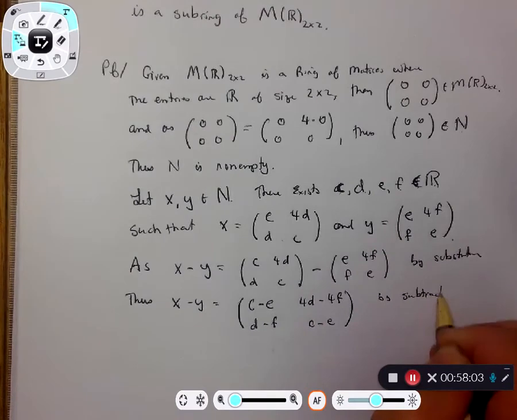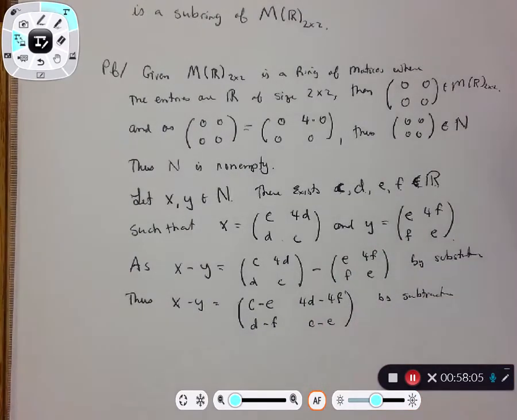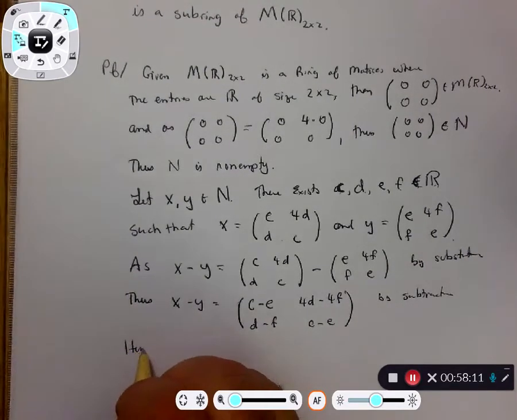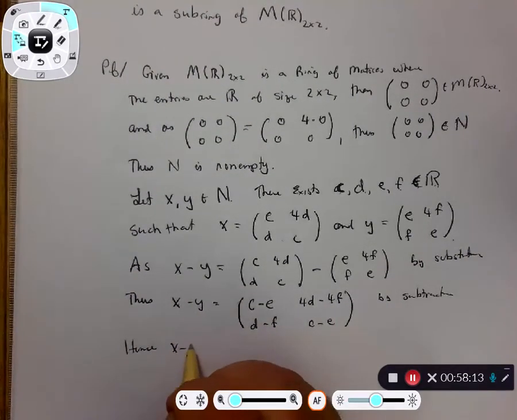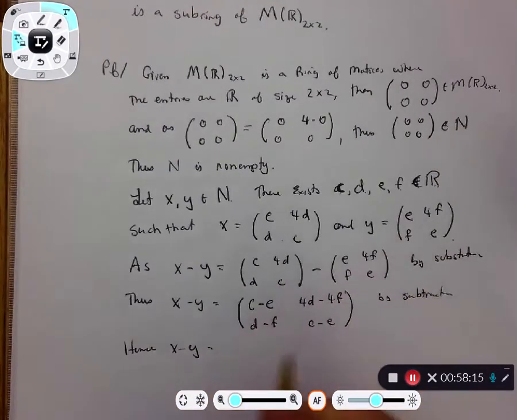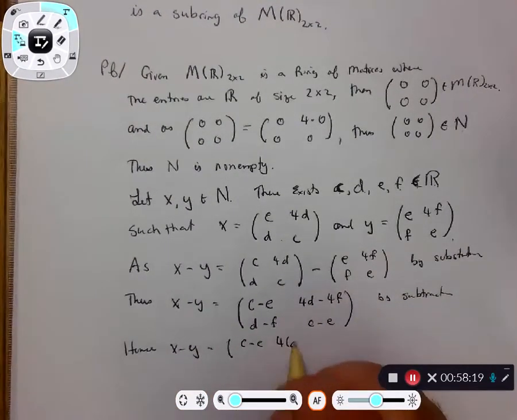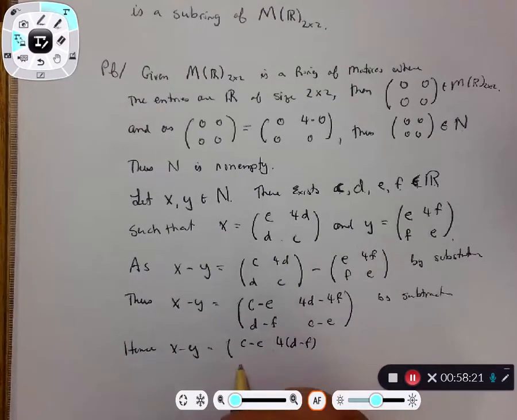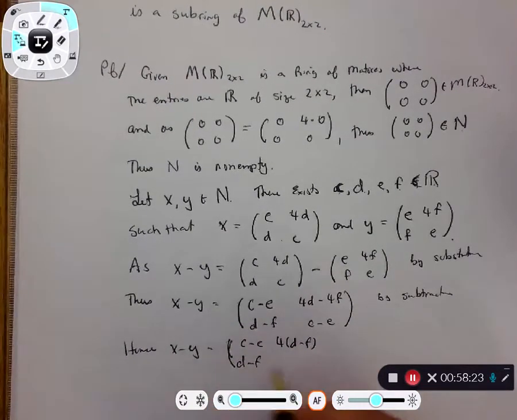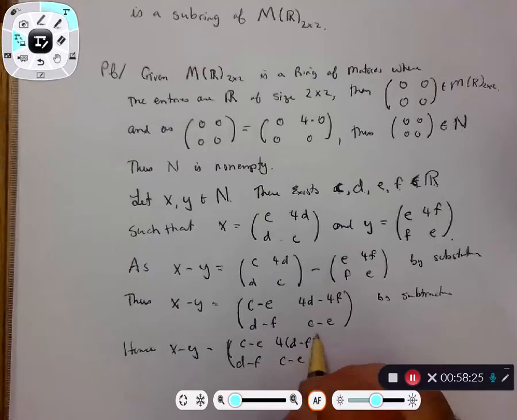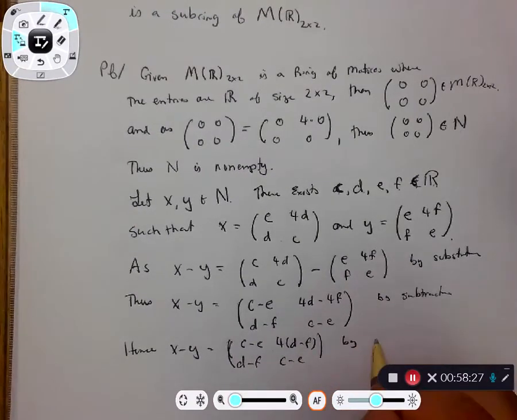We are talking about a ring, matrices, subtraction of matrices. And hence, x minus y, and I can factor out that 4. I'm left with C minus E, 4 times D minus F, D minus F, C minus E, by factoring, distribution if you will.